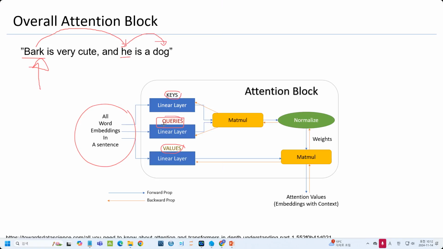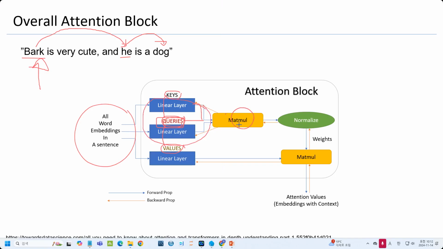So for the query, we can assign a word and we will check based on the key and the value. After we have the queries, we will check with the key and there will be a mechanism, a mathematical formulation to combine these two.